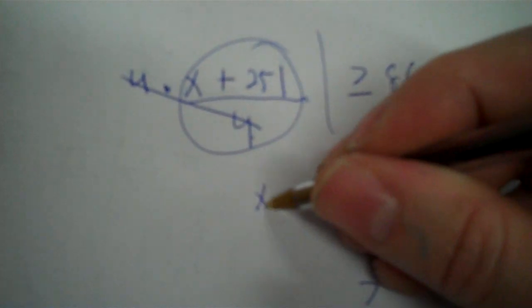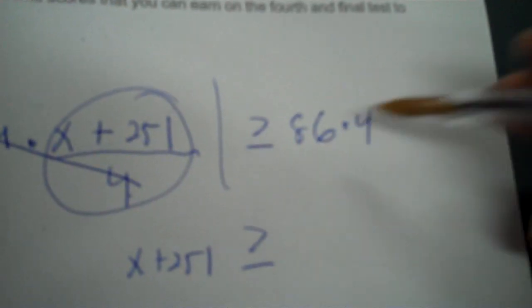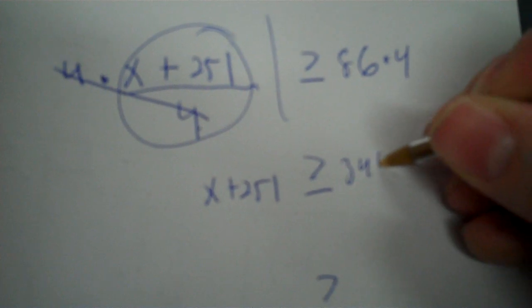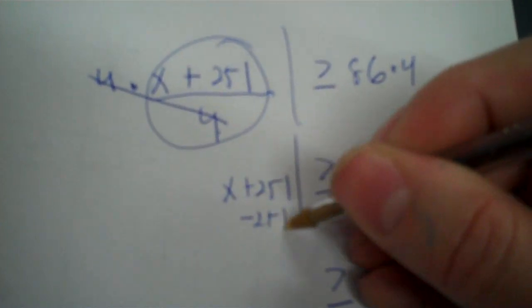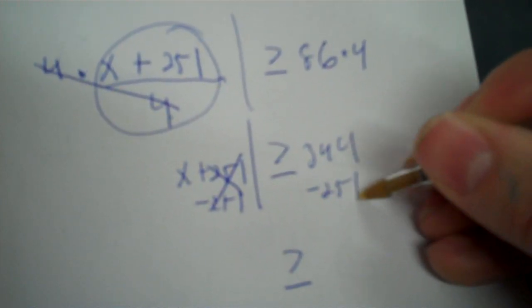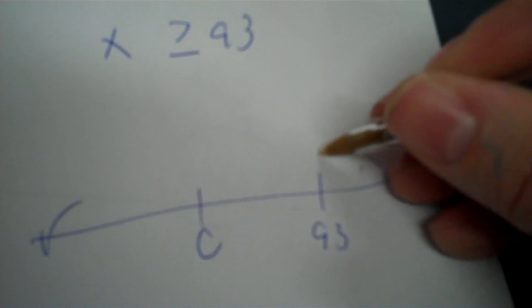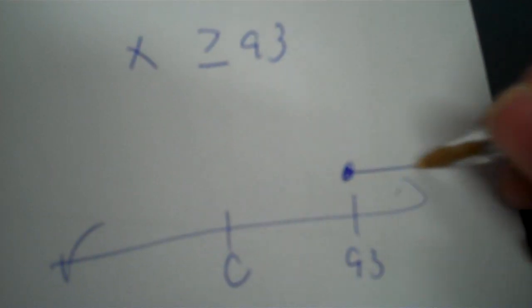Okay, so X plus 251. Don't forget you got to take 86 times 4. 2, 3, 44. Then you just subtract 251, and that's 93. Okay, go ahead and graph it. Greater than goes this way.